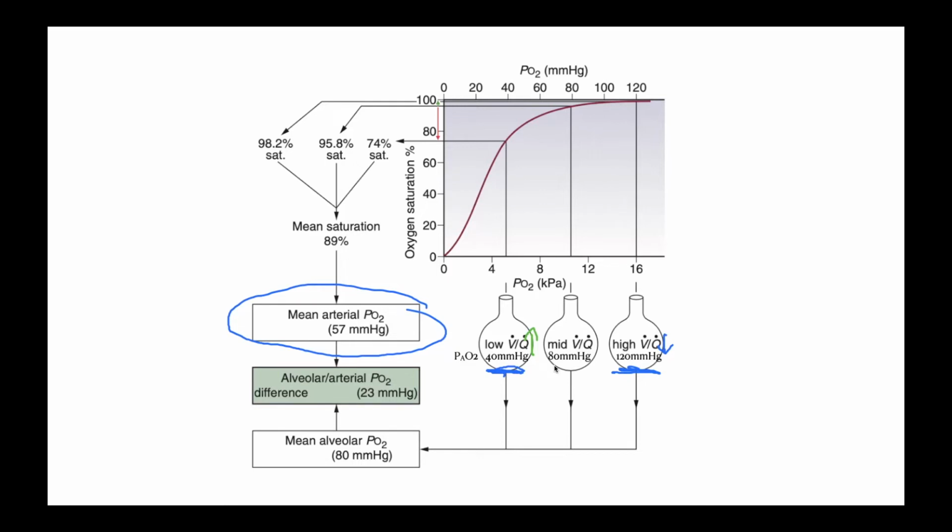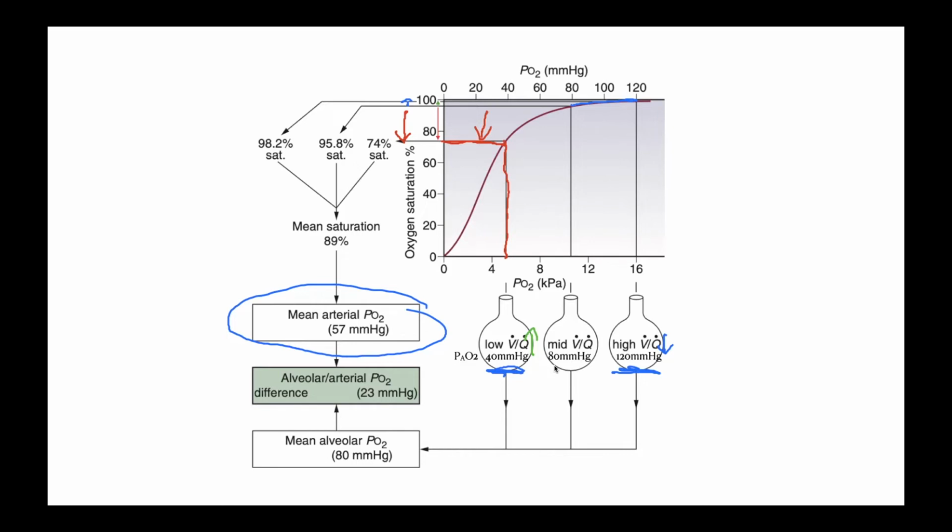But because they sit on the flat part of the hemoglobin oxygen dissociation curve, you see that the amount of content they're able to increase by is far less than the decrease in content that you get with low VQ units, because low VQ units are functioning on the steep part of the curve, all right?